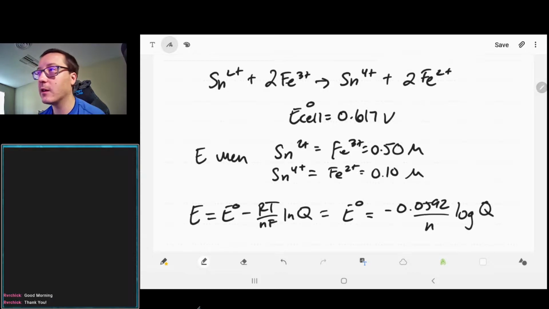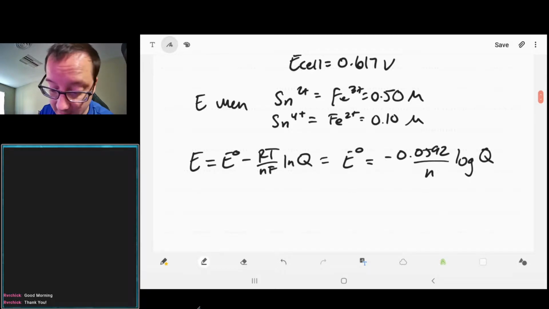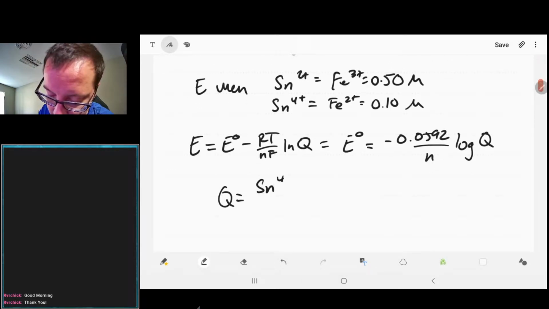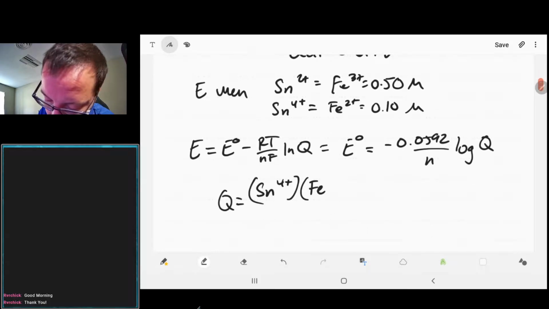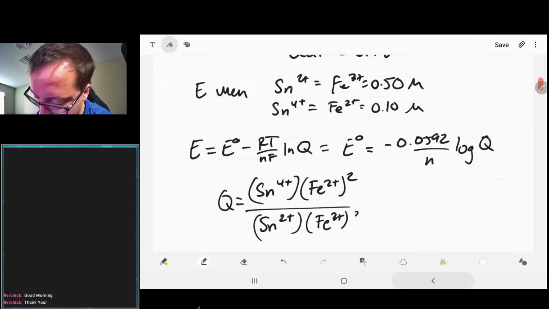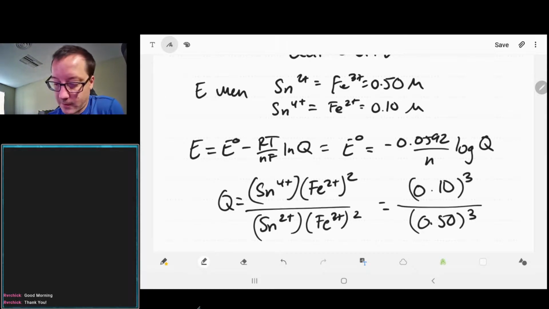What's important here is that we understand that we're going to need Q, right? So Q is going to be the tin 4 plus and then the iron 2 plus squared over the tin 2 plus and iron 3 plus squared. So that'll be 0.10 cubed over 0.5 cubed. So whatever that happens to be.